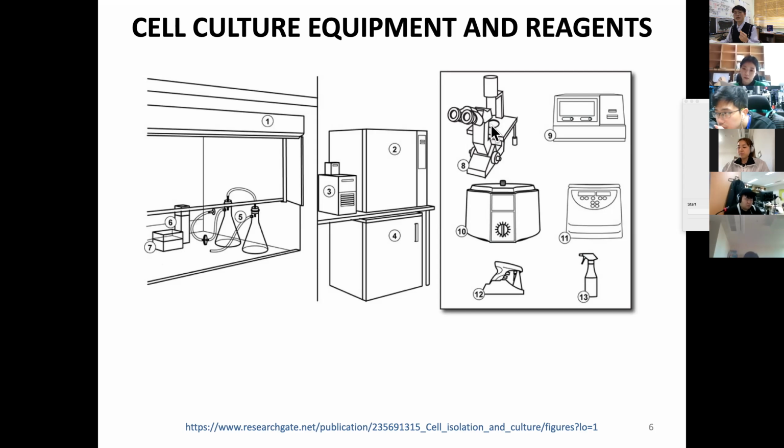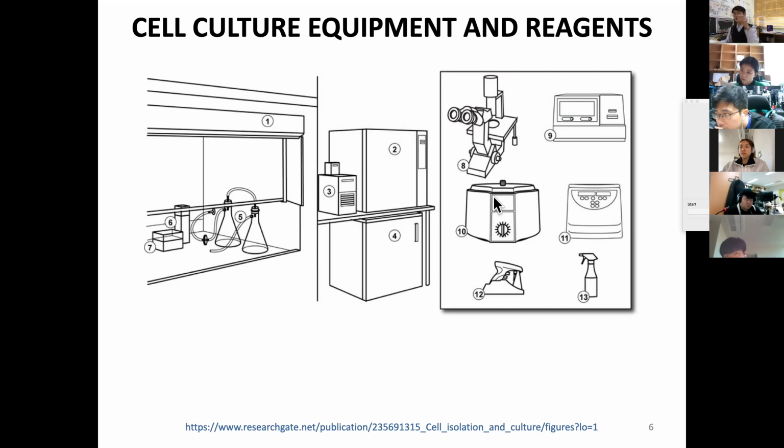Number 8 is a microscope, usually an inverted microscope. You have to check the condition of your cells every day, or at least every other day, especially when you're changing your media. Number 9 is another tool, and 10 is a centrifuge.